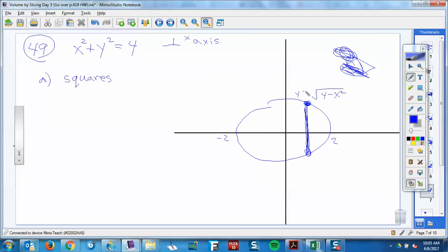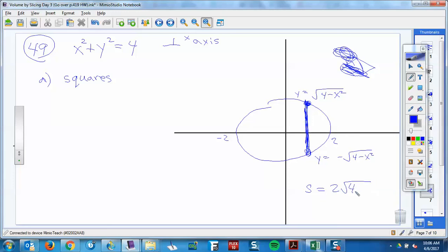Isn't it that? And down here it's negative square root 4 minus x squared, right? We just solved for y. So it's this y value minus this y value. That'd be root 4 minus x squared minus negative root 4 minus x squared. So what is s? What is this side of a square?